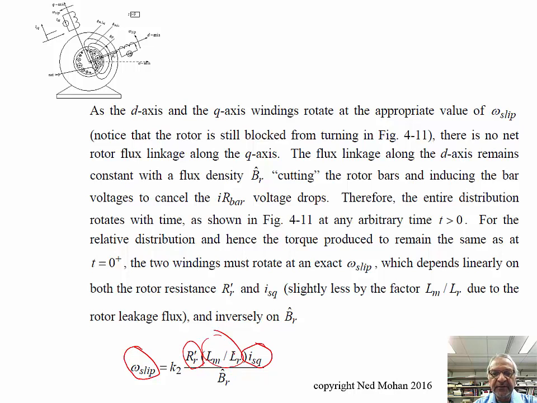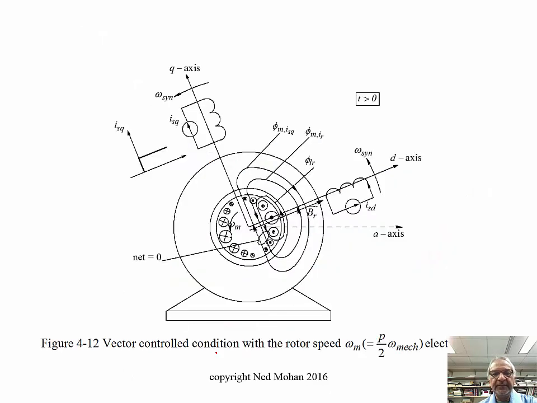So it's proportional to these, but also inversely proportional to the flux density distribution peak, which we'll be keeping constant. So all these things get put in place.